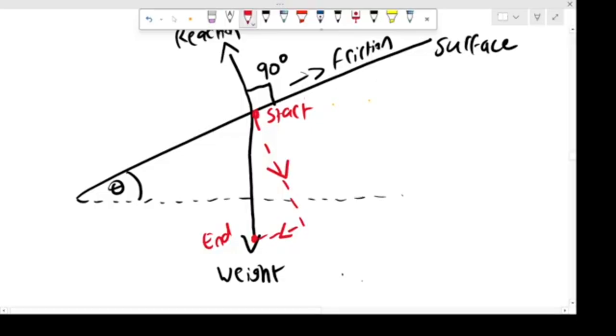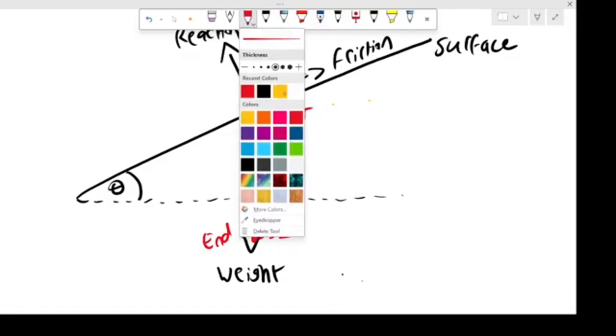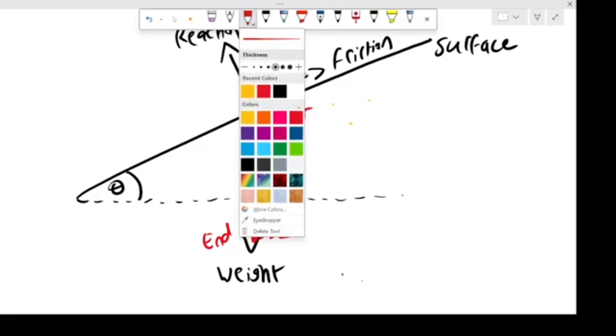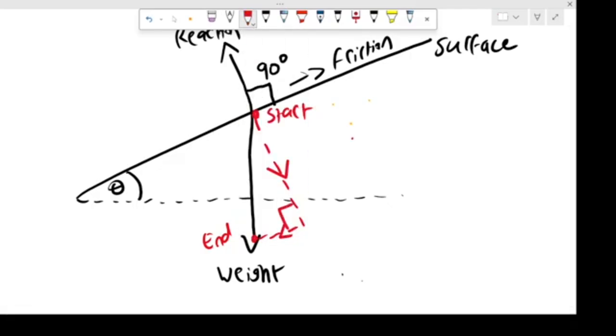And again, if I draw this in yellow, hopefully you can see we get a triangle, with a right angle here. So that's going to be not a right angle.